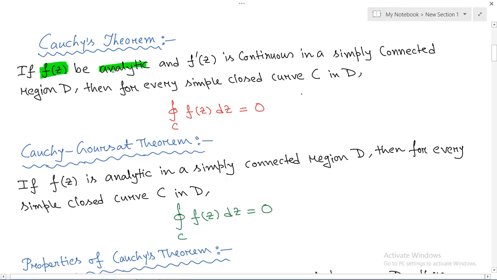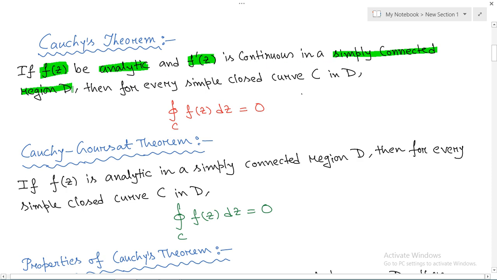Along with that, another condition is imposed, that the derivative of the function, f dash z, is continuous in a simply connected region capital D. So I have told you two conditions. First, the function f of z must be analytic. Second, f dash z is continuous in a simply connected region D.